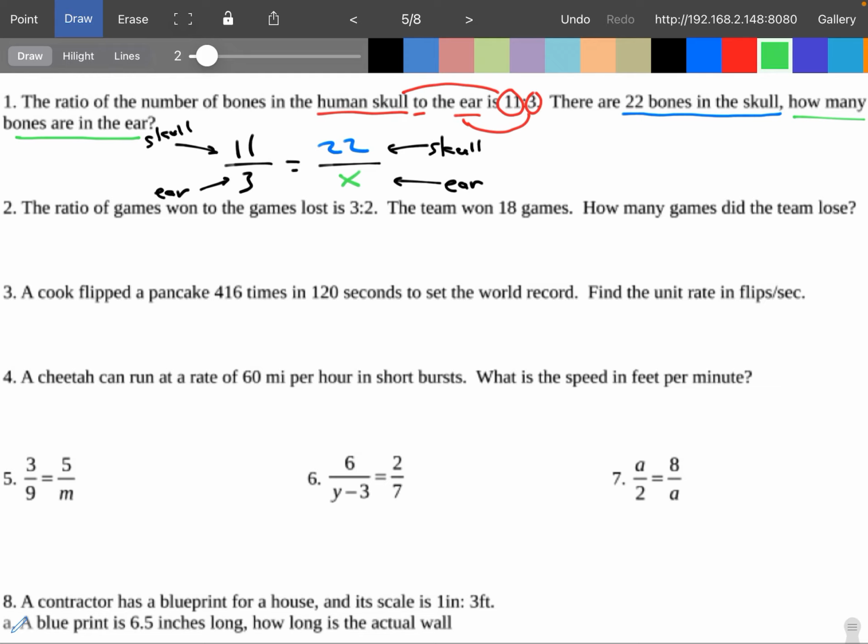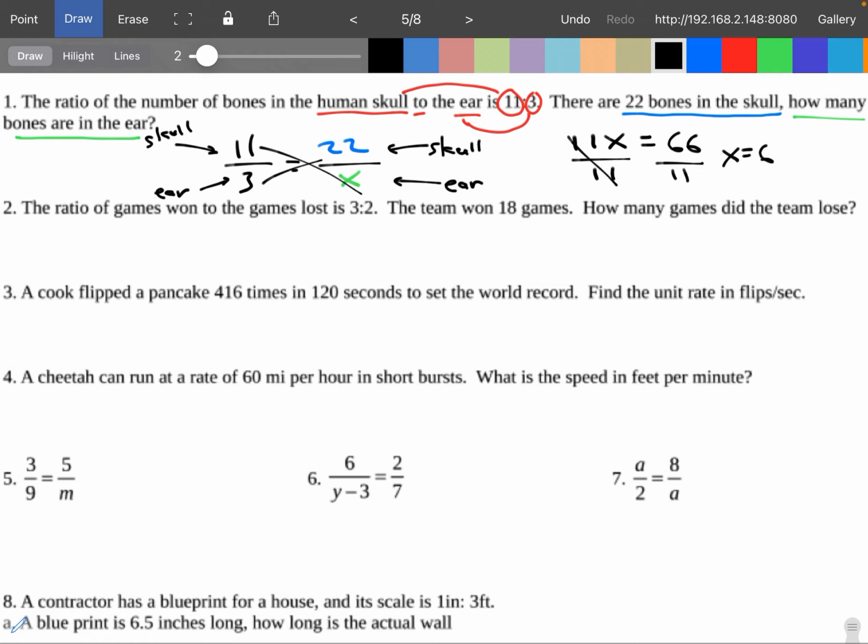Now we're going to use that property that if you have two equal fractions, if you have a proportion, then you can set the cross products equal, right? So we're just going to do 11 times x. That's 11x equals, and we're going to do the other cross product. That's 3 times 22. 66, good.